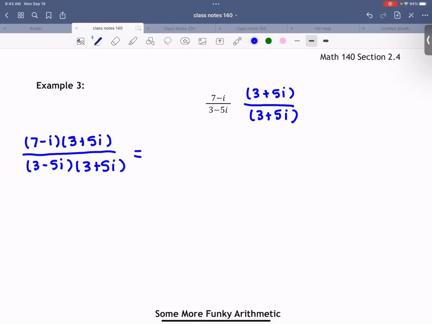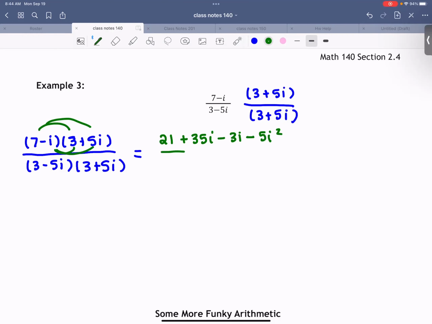Okay. Once we're here, we can FOIL out the top and the bottom, right? And of course, you can memorize the formula for this, but I like foiling it out myself. So on the top, looks like we have 21 plus 35i minus 3i minus 5i squared.